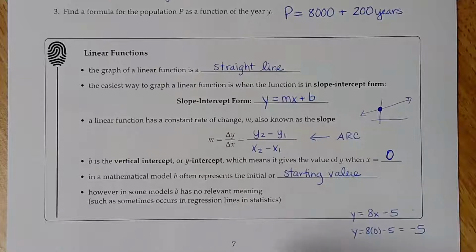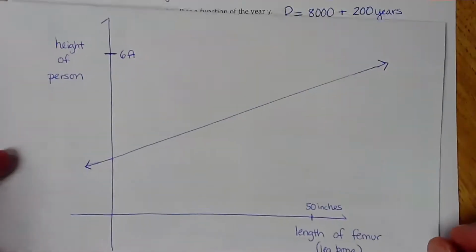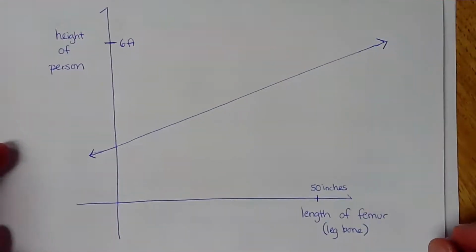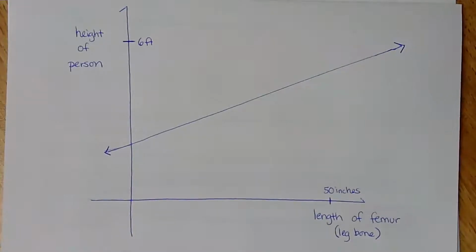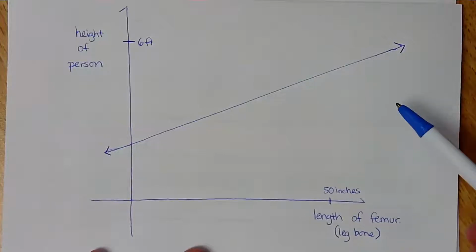Let me give you an example of where it doesn't actually work to say this is a starting value. So imagine a forensic pathologist has a set of bones. There is a formula that they can take the length of the femur, which is your large leg bone, and use that to predict the height of the person.